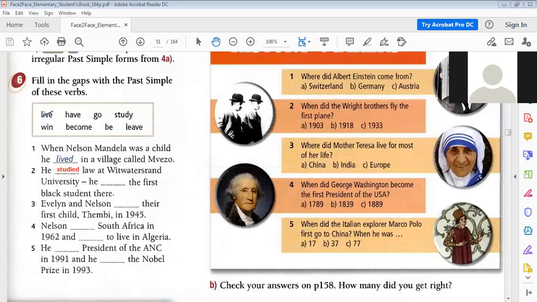Okay, he the black. Okay. The next line after it. Yes. The first black student there.